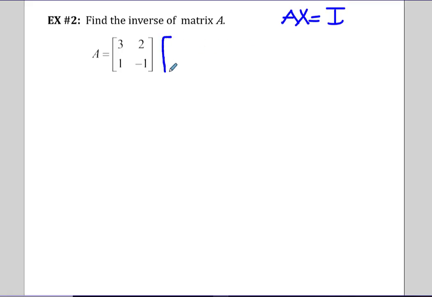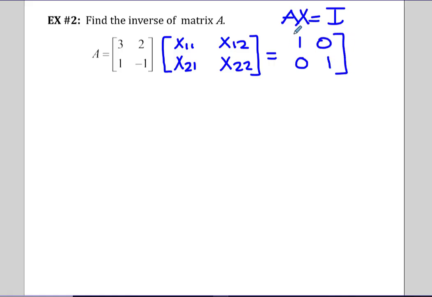So I need a variable matrix, and I'm going to label the entries x sub 11, x sub 12, x sub 21, and x sub 22. This matrix A times my variable matrix has to give me 1, 0, 0, 1. It has to give me the identity matrix.